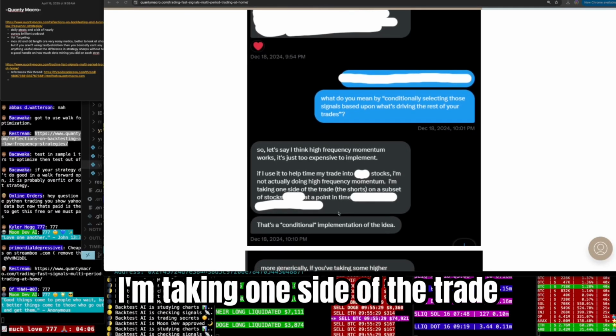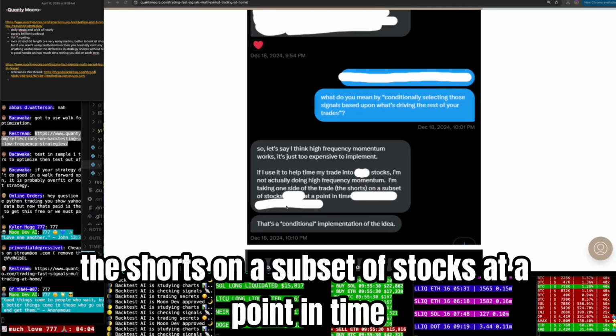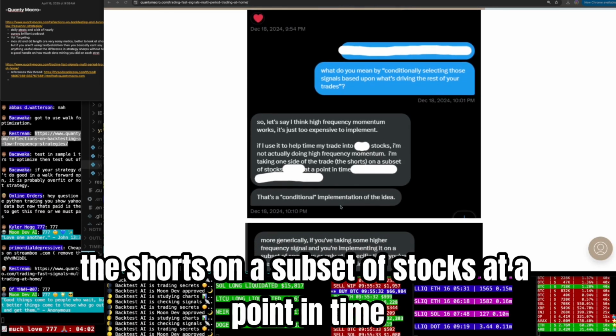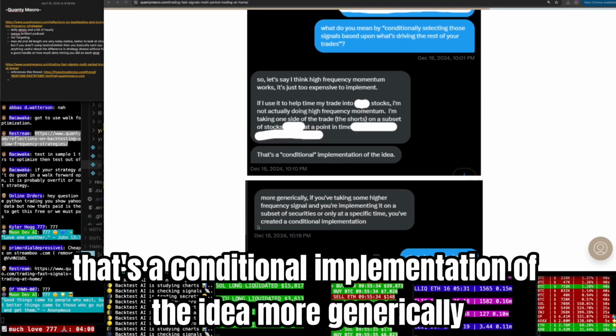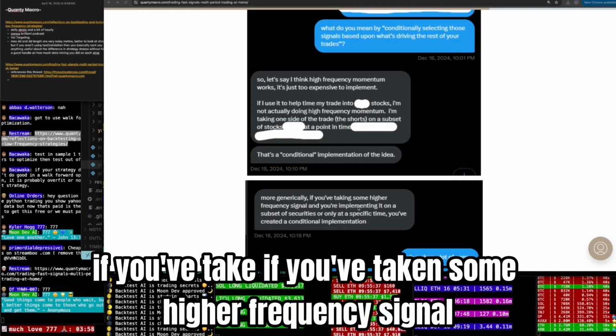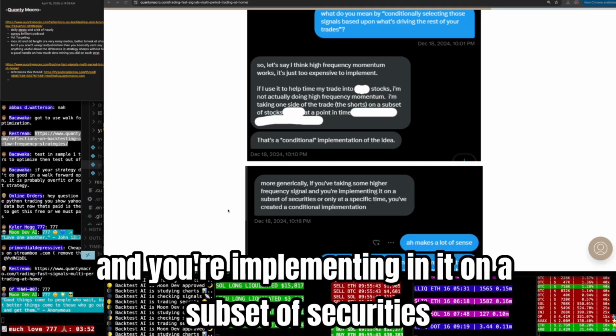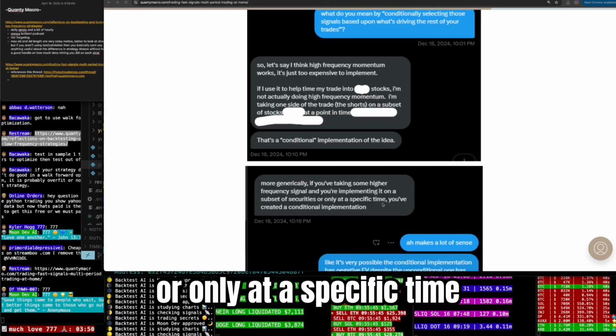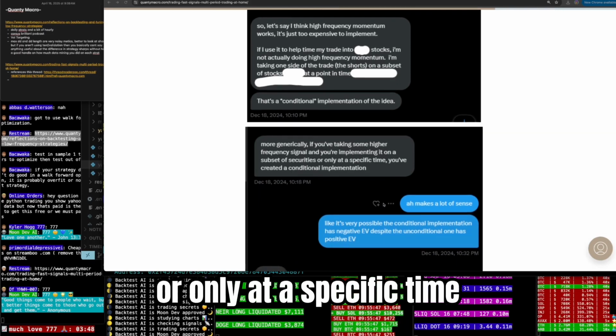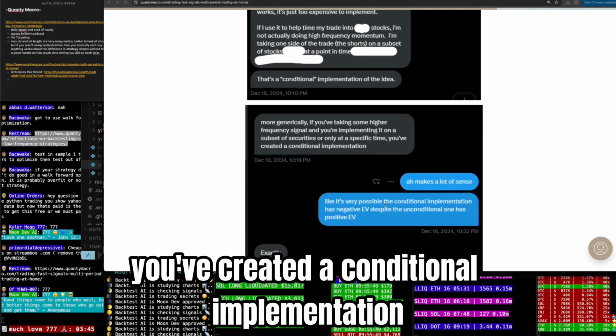I'm taking one side of the trade, the shorts, on a subset of stocks at a point in time. That's a conditional implementation of the idea. More generically, if you've taken some higher frequency signal and you're implementing it on a subset of securities or only at a specific time, you've created a conditional implementation.